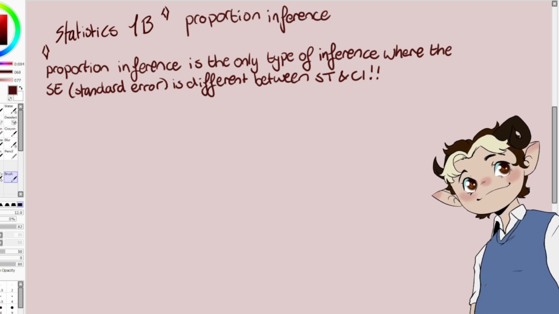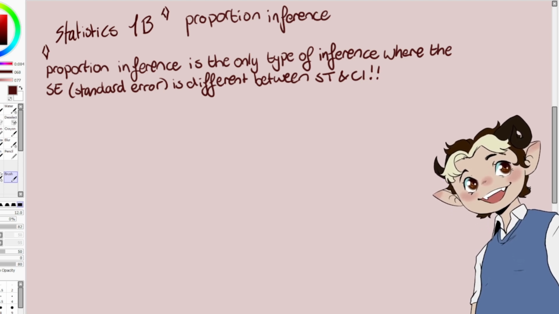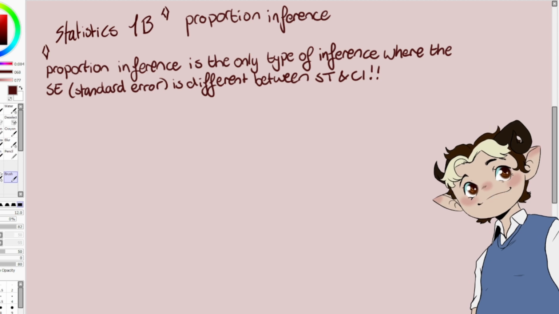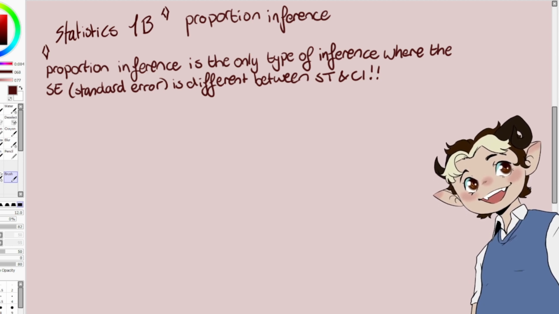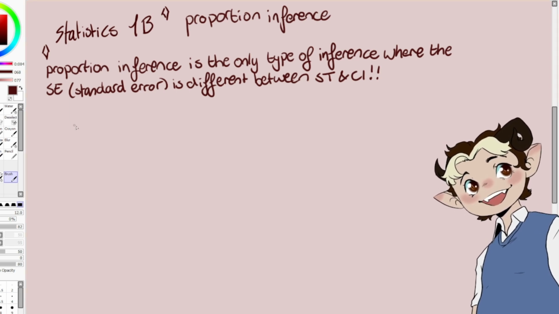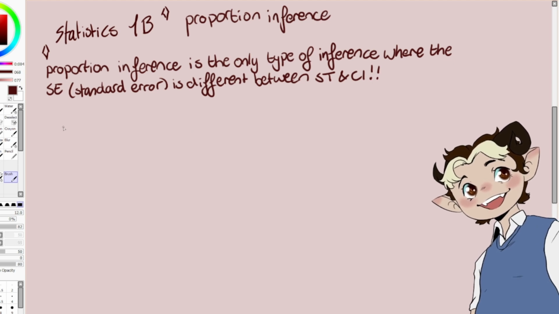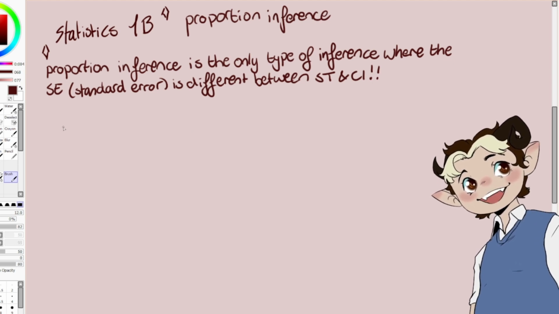So, what is proportion inference? Well, instead of having our mean and our standard deviation, we're going to look at proportions in a group. That would be yes or no answers in a survey, for example.